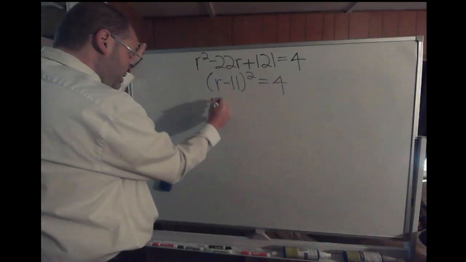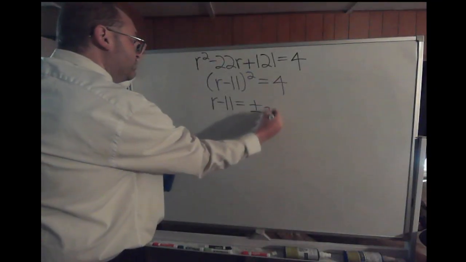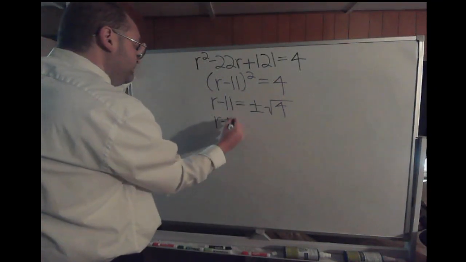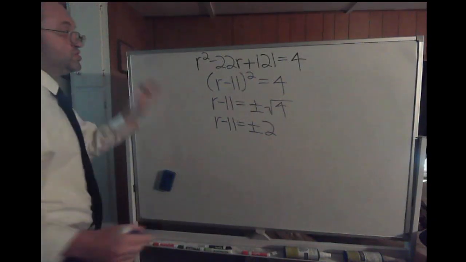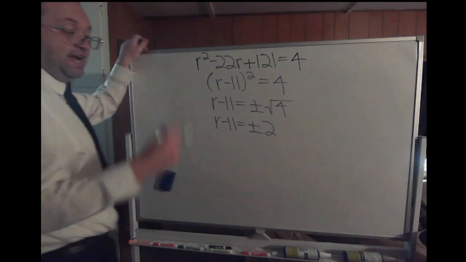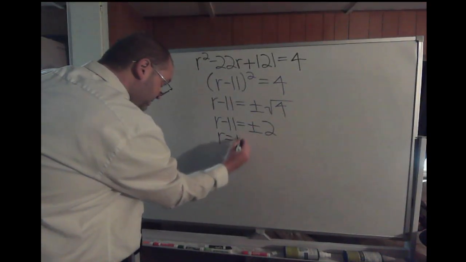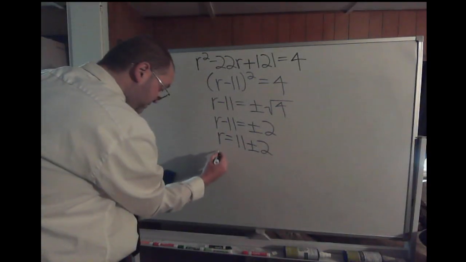Now we just want to get r minus 11 by itself, so take the square root of both sides. You'll get r minus 11 equals plus and minus the square root of 4, which means r minus 11 equals plus and minus 2. So now we just want to get r by itself, so you have to add 11 to both sides. If you do that, you'll get r equals 11 plus and minus 2, which means we'll have two solutions again.